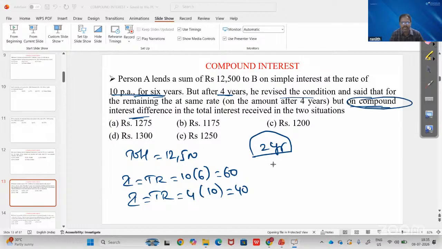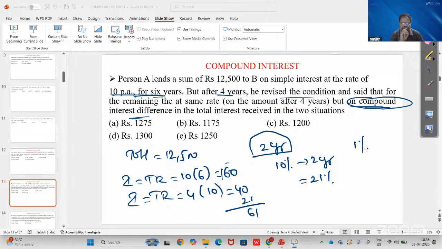Compound interest at 10 percentage per annum for 2 years will be equal to 21 percentage. So 40 plus 21 equals 61. Now the difference will be 1 percentage.